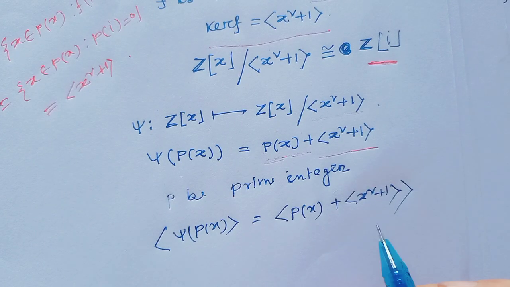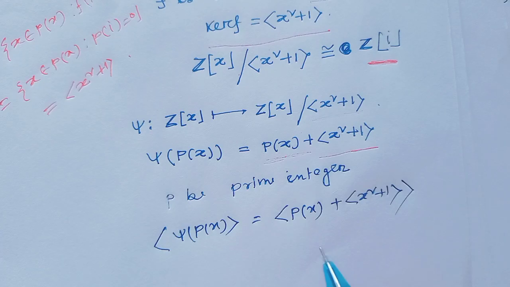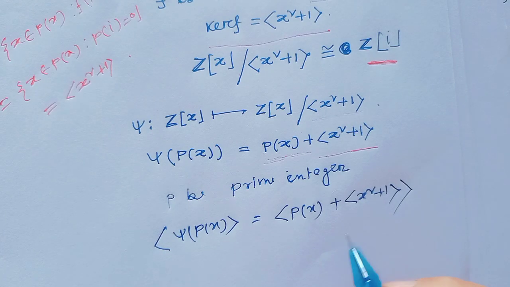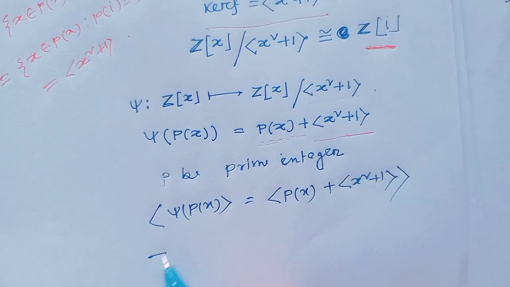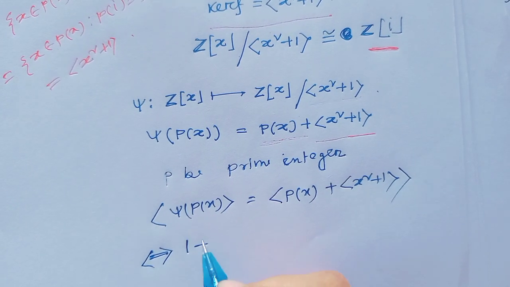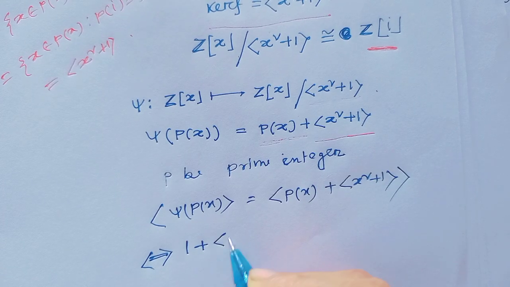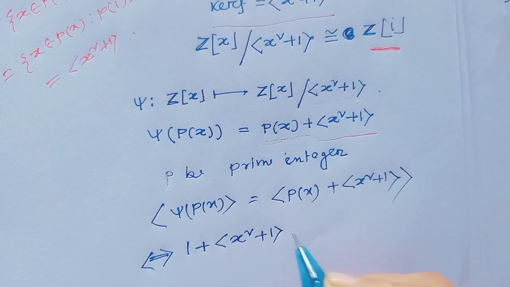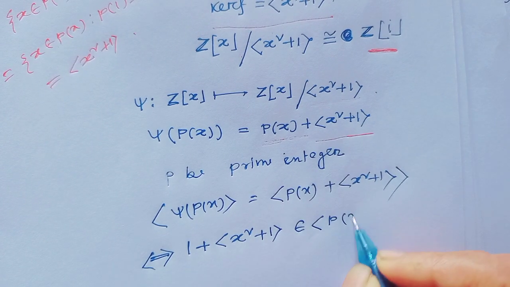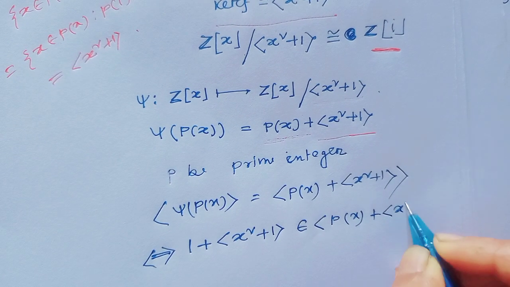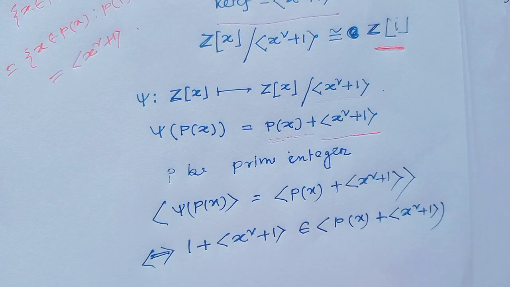If this is not a proper ideal, that means unity would always be contained in it. That means 1 plus the ideal generated by x square plus 1 belongs to the ideal generated by p plus the ideal generated by x square plus 1.